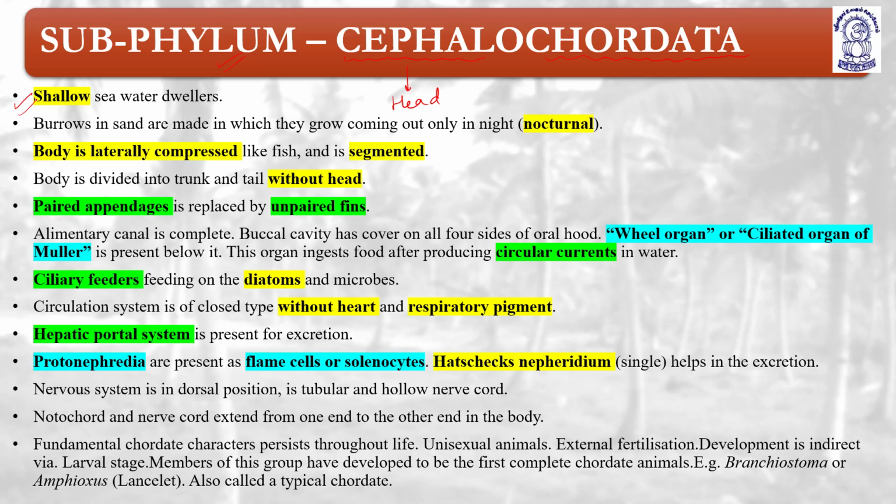They are shallow sea water dwellers. It was not exactly mentioned for Urochordata or Tunicata where they are present: shallow water, surface water, or deep water. Cephalochordates live in shallow sea water.